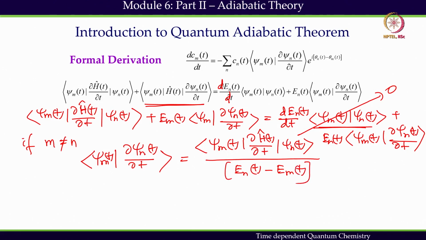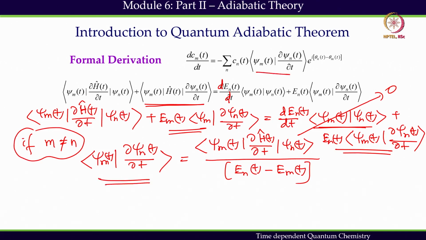One can write it down because this part and this part we have clubbed together. But this can be written only when m not equals n. And this is exactly what we have here, this part.